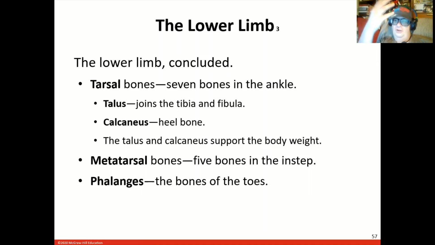Just like on the hand, we had metacarpals. The bones in the upper surface of the foot are metatarsals. And again, the toe bones, the finger bones, they're all phalanges.